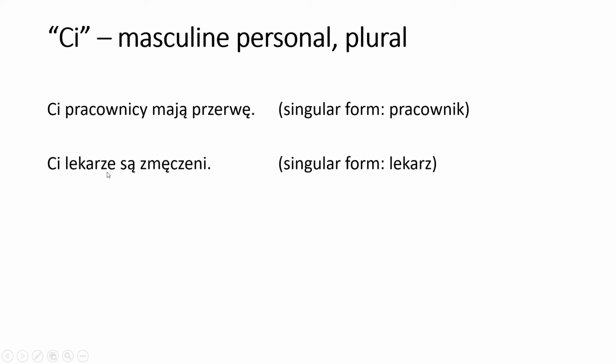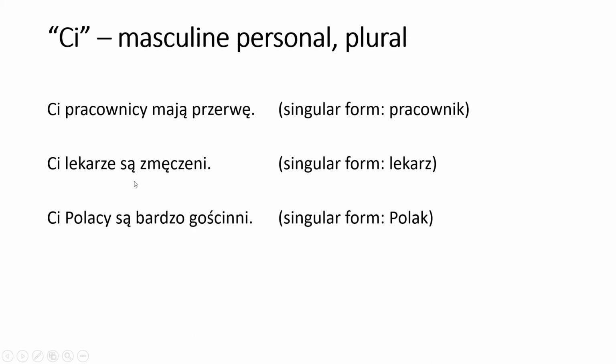Ci lekarze są zmęczeni. These doctors are tired. Ci lekarze są zmęczeni. Lekarz is masculine. It ends with a consonant. And it becomes lekarze, ci lekarze. We add an e for it, okay? Ci Polacy są bardzo gościnni.